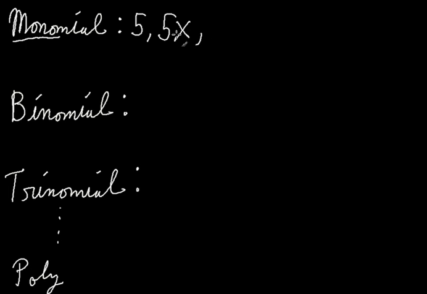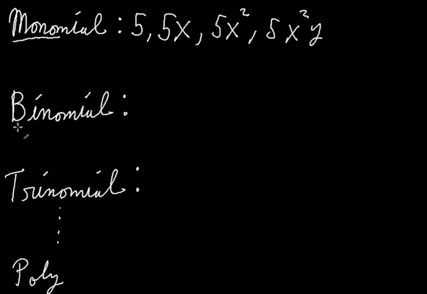Since these are multiplied, we consider this one term. 5x squared by itself could be considered a monomial, okay? And something really complicated, 5x squared y. Even though this has 3 things, this is considered a monomial because they're attached through multiplication.